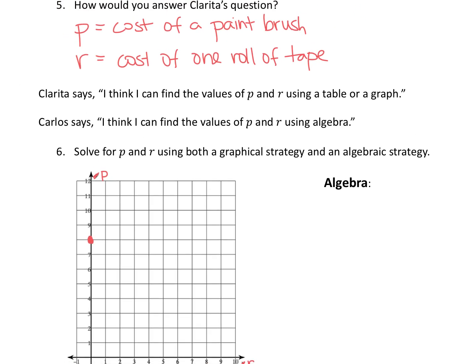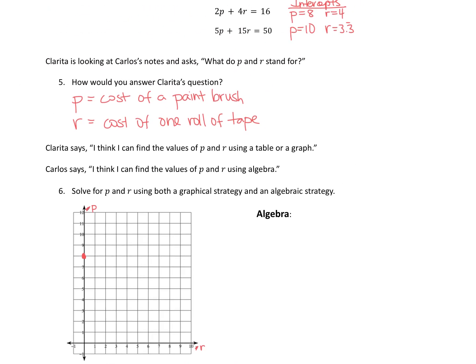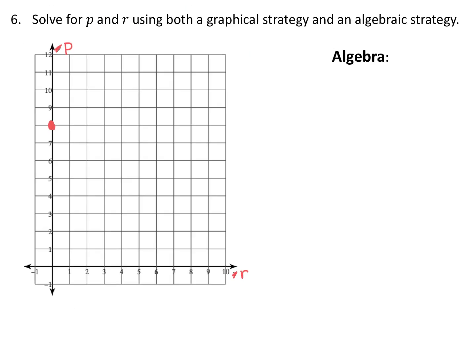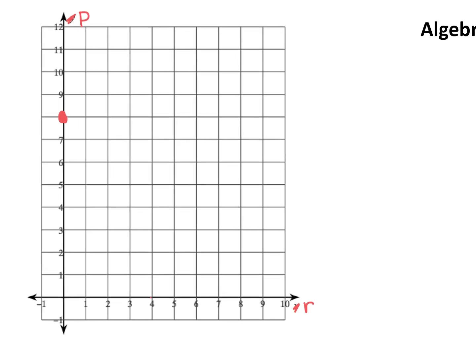And then my x-intercept or r-intercept is 4. So then I put that here. And then I just connect them.